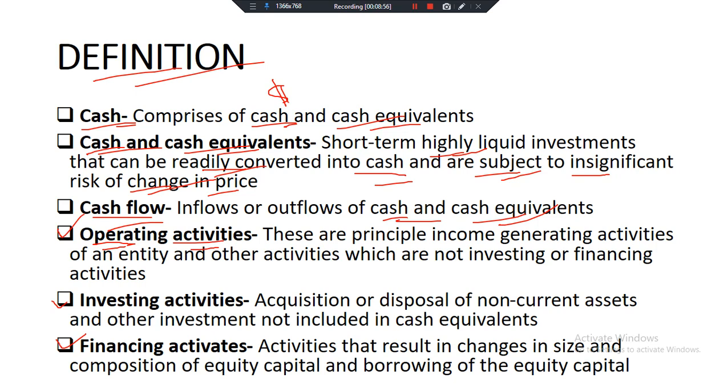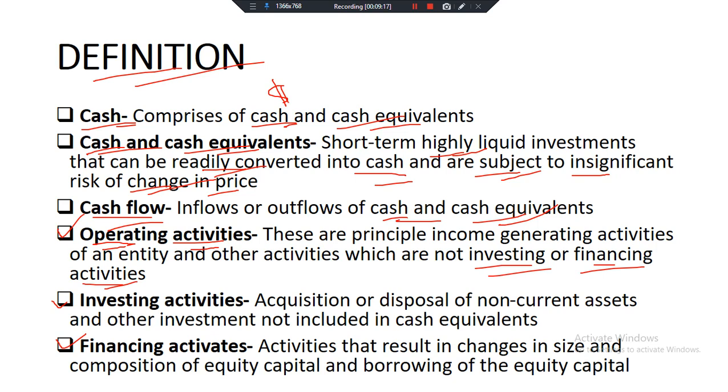So now let's define what operating activities are. These are the principal income generating activities of an entity and other activities which are not investing or financing activities. In simple terms, operating activities are activities which bring in money on a daily basis.